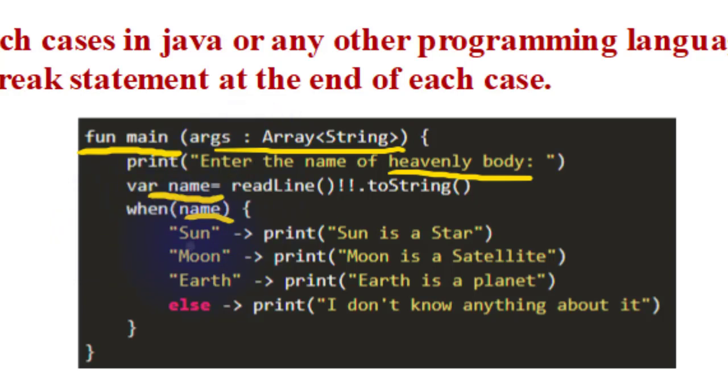If the option is sun, it will print sun is a star. Then if the option name is moon, moon is a satellite. Earth is a planet. Else, what does this else indicate here students?